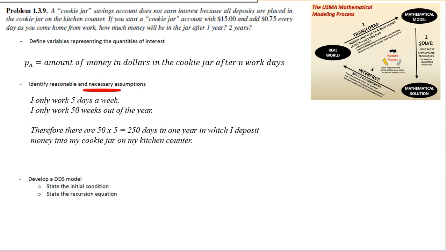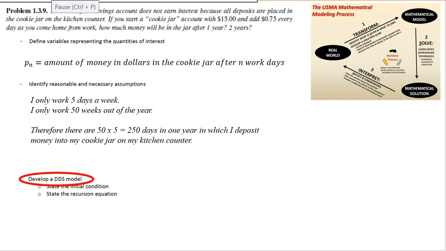This assumption is necessary because I want to find how many workdays I actually deposit money into my account so I can answer this question. This assumption is also reasonable. It's reasonable that I only have change to actually put in this cookie jar account after I come home from work. It's also reasonable that Americans typically work a 5-day work week, and that there should be some allotment for vacation.